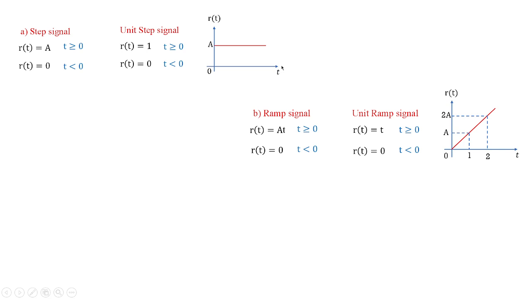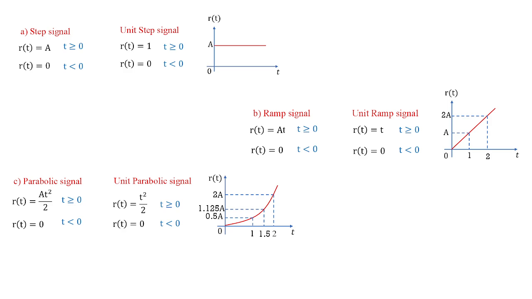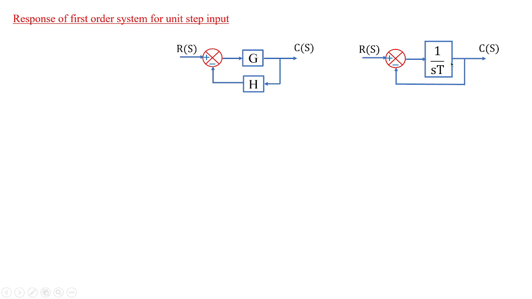Similarly, we have seen the output response of ramp signal, then parabolic signal and impulse signal, and also we have employed the unit step input for first order system where G(s) is replaced by 1 by sT and H is replaced by 1.